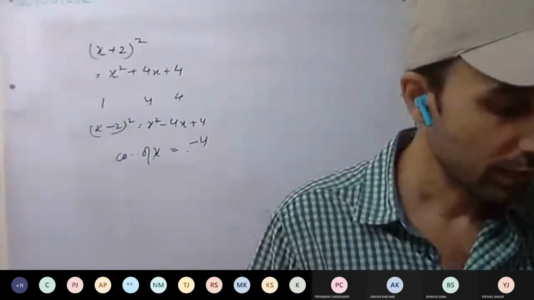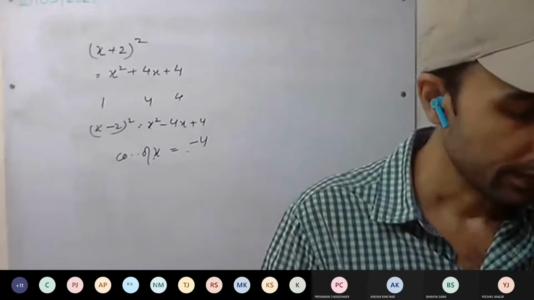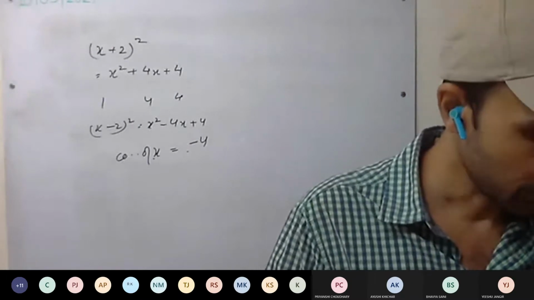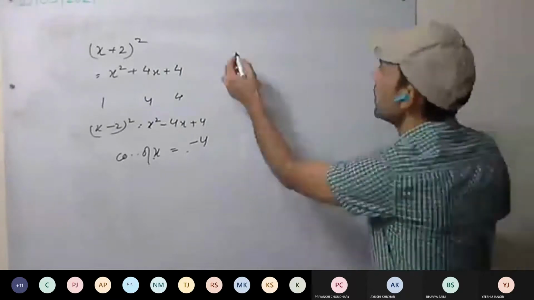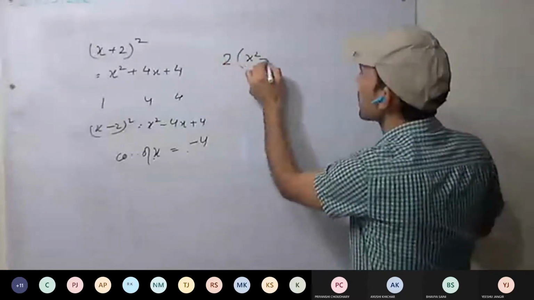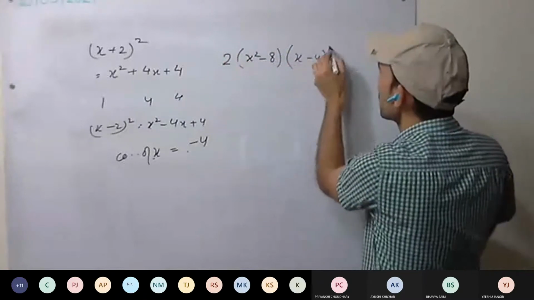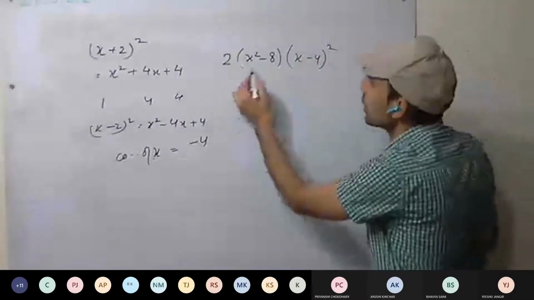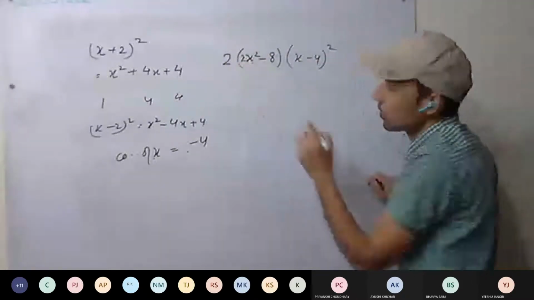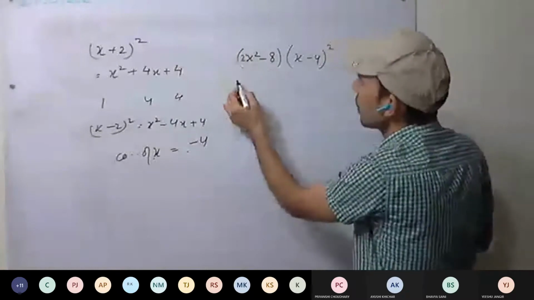So third question, do as homework. First square x minus 4 the whole square, do it, and then do the rest. Okay, you can do one more thing here. See here, this question, what is given? 2x square minus 8. Okay, so x minus 4 the whole square is being given. Take 2 common out.